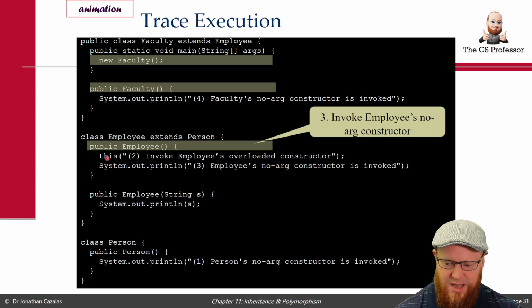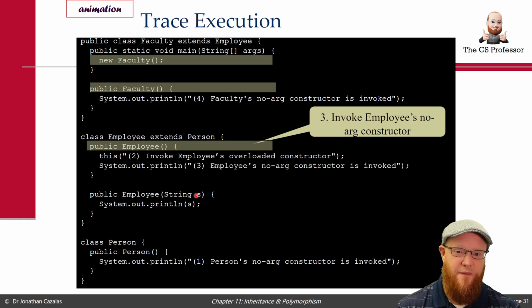Notice what's inside the parentheses: we have a parameter which is a single string, this entire string. What we're really saying on this line is, I know you called this particular employee constructor, but really, I want you to go call this other employee constructor, and send over this string parameter and save it right here inside this formal parameter s.